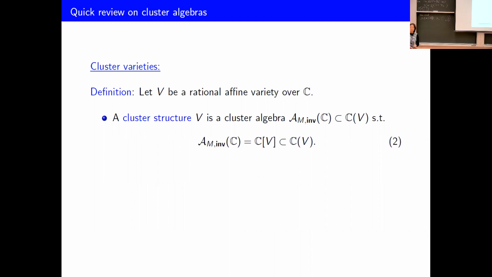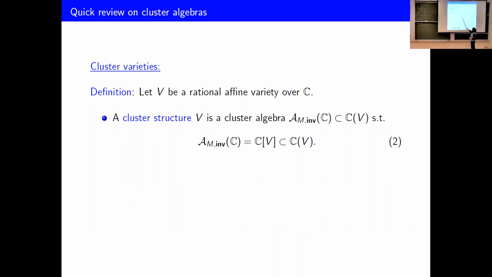So this is the ambient field in which I can work with cluster algebra. If you have a cluster algebra inside here which, as an algebra, happens to be your coordinate ring, then you say you have a cluster structure on your V.